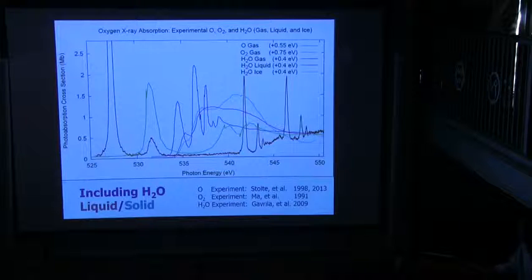I just wanted to show from these same experiments, this is in applied physics, I believe material science studies, that the H2O in the gaseous form is this dark blue, and it still looks Rydberg-like. Once you go to water and ice, you get major qualitative differences.